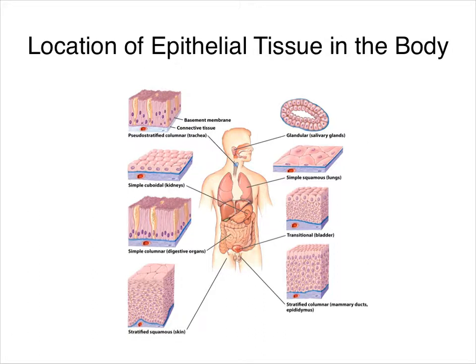And when simple columnar cells are there for an absorption purpose, they will often have microvilli or a brush border on their top. You will also often find specialized cells called goblet cells embedded in them.